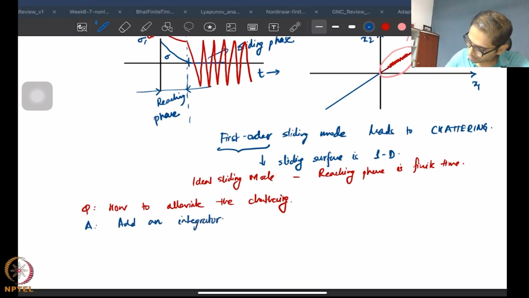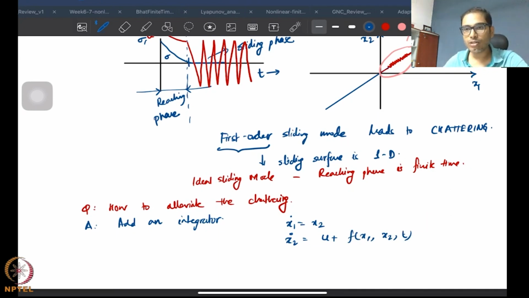Yeah, so the system was something like this: x1 dot is x2, x2 dot is u plus f(x1, x2, t), and now we say we do not directly apply the control u, but we supply to the system the derivative of the control.